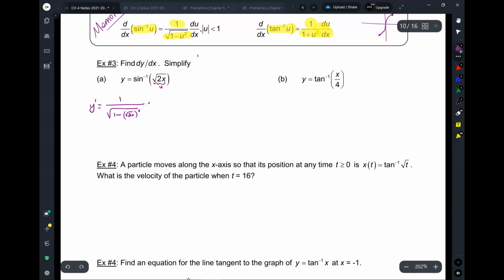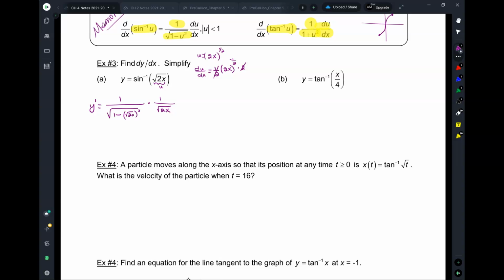Well, okay, u is (2x) to the half, right? du/dx is 1/2 (2x) to the negative half times what? 2. And that 2 cancels with the half. So it's just 1 over root 2x.